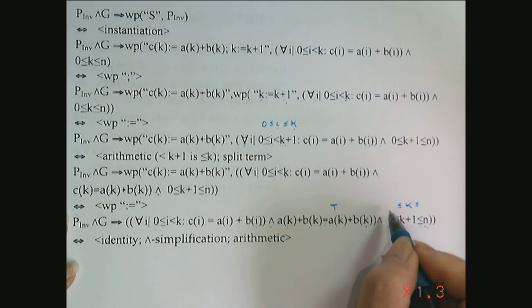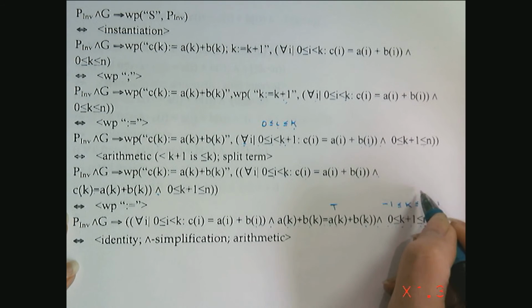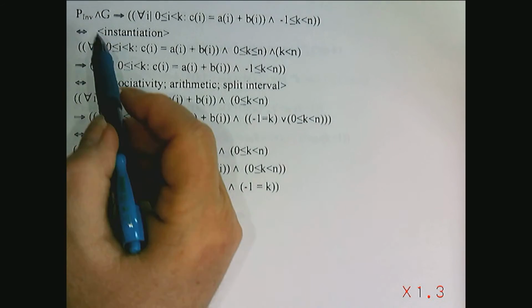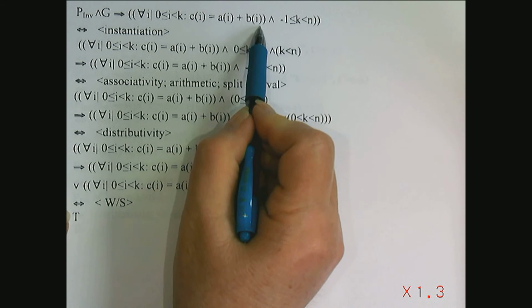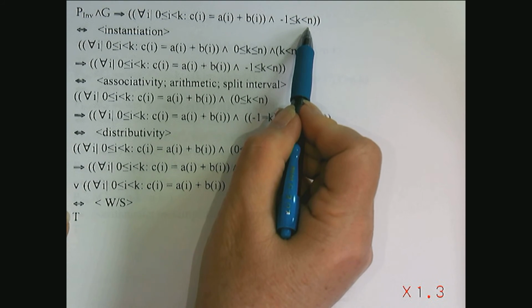That would mean k would have to be greater than or equal to -1 and less than or equal to n minus 1. But being less than or equal to n minus 1 is equivalent to being less than n. So my predicate actually simplifies to the invariant and the guard imply this quantification, and -1 is less than or equal to k is less than n.